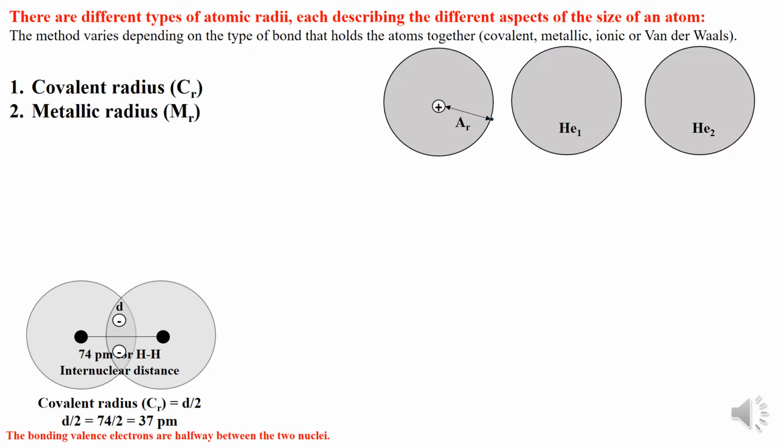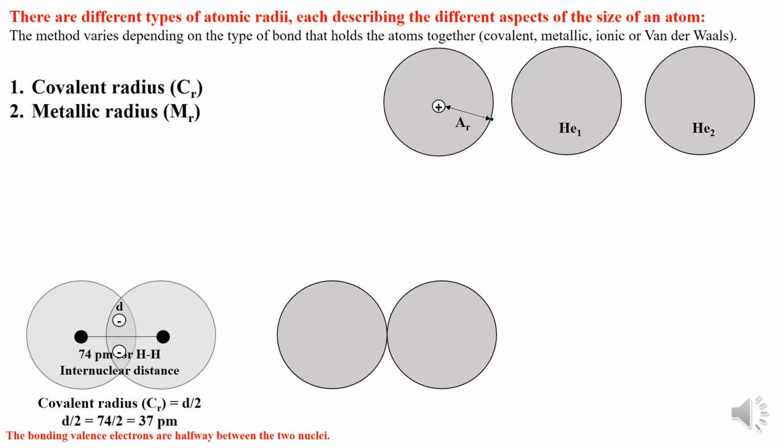And metallic radius is determined for metal atoms held together by a metallic bond. Now in the crystal lattice structure of a metal, you will find the metal atoms are closely packed to each other.